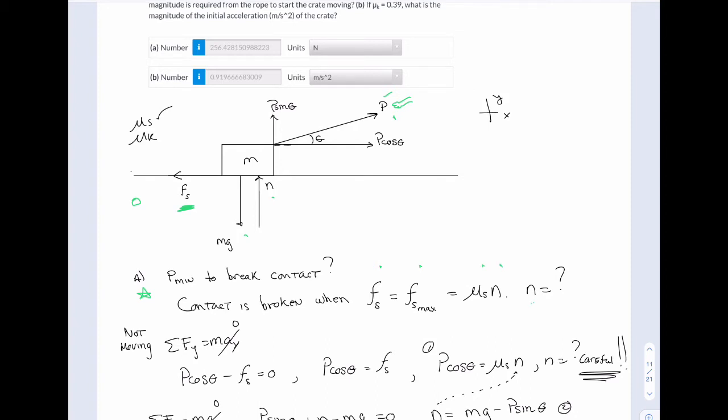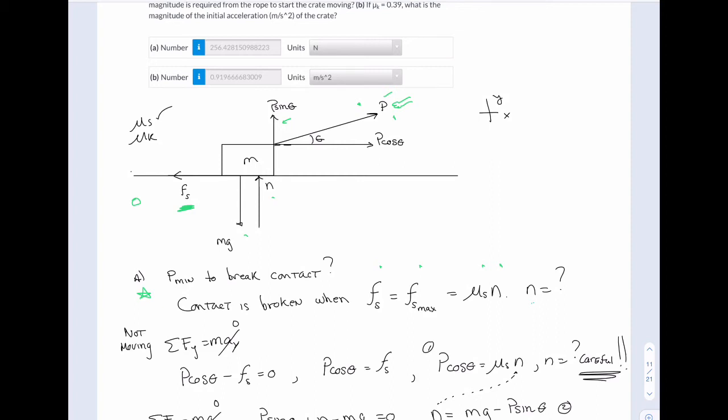Now be careful, you can't say n is mg. That's because you have this other force up here, because you're lifting the box upward, which would reduce the normal force. If you had a scale under the box and you're pulling upward on the rope, that scale would actually read less because you're trying to lift it off the floor. So you have to find n.